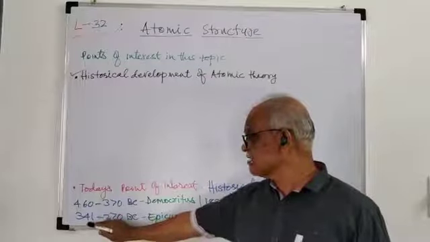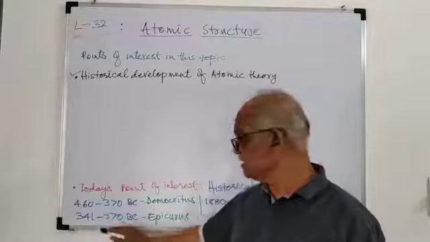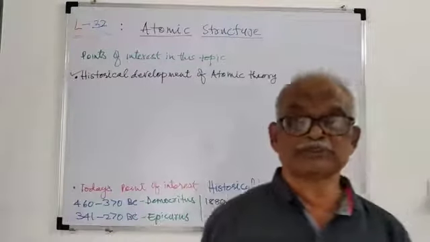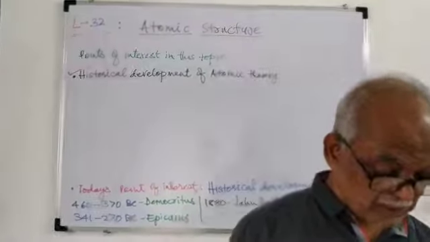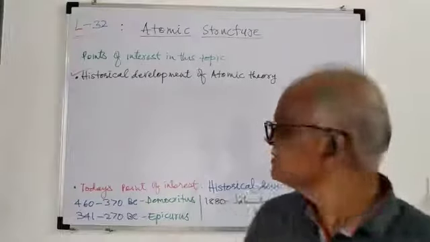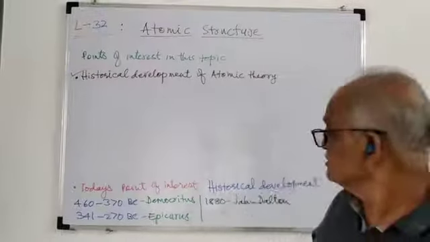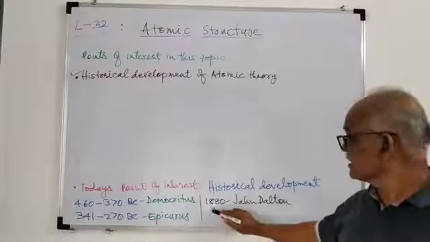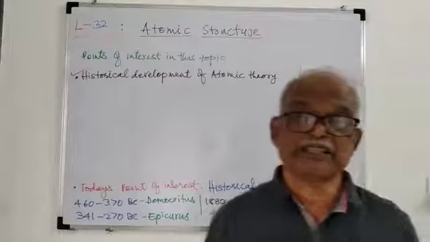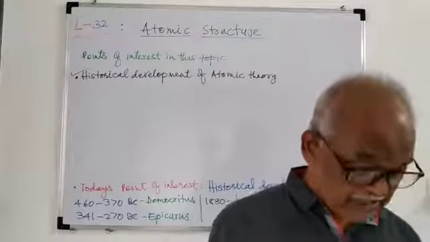Next is Epicurus, 341 BC to 270 BC, who also proposed his views on the nature of the atom. Later, in the recent development, John Dalton first proposed his views on atomic structure.